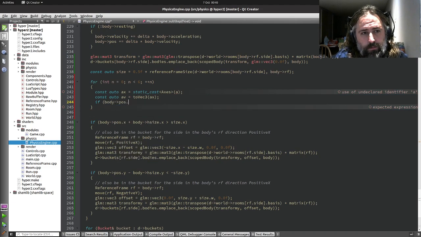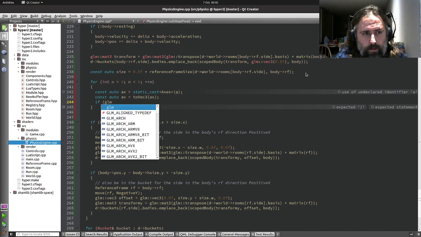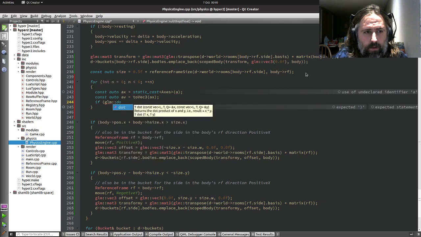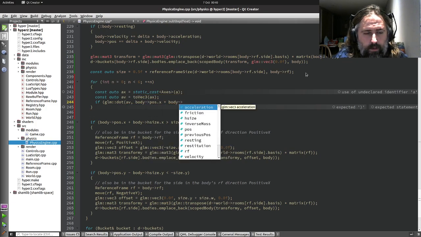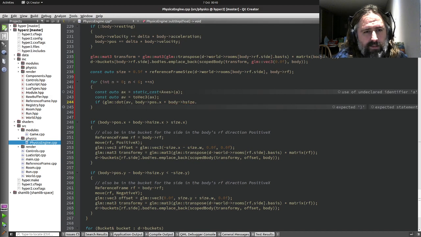If body position x, well, we don't know it's x, but we can do dot product. So the dot of the axis and body pos x plus body half size, is it plus?